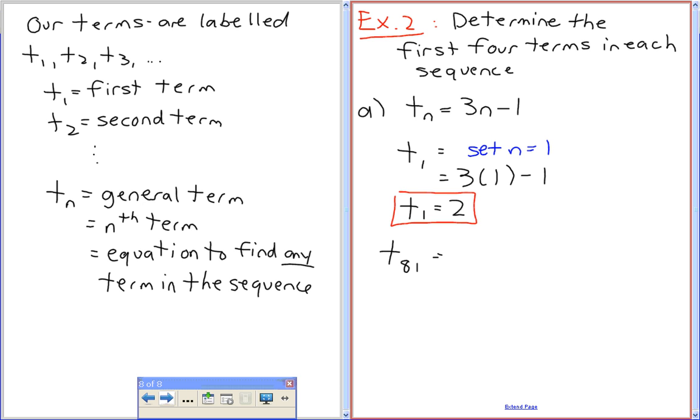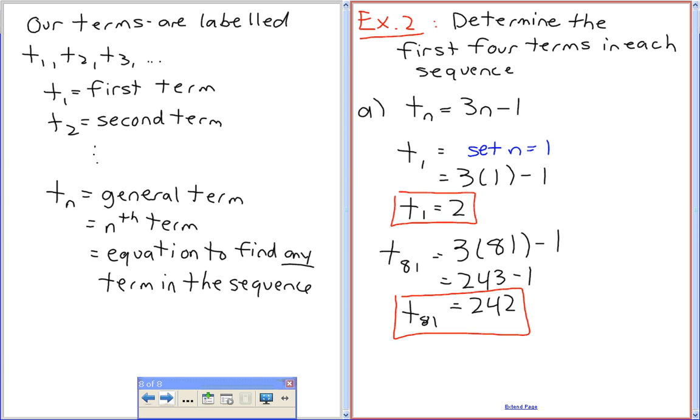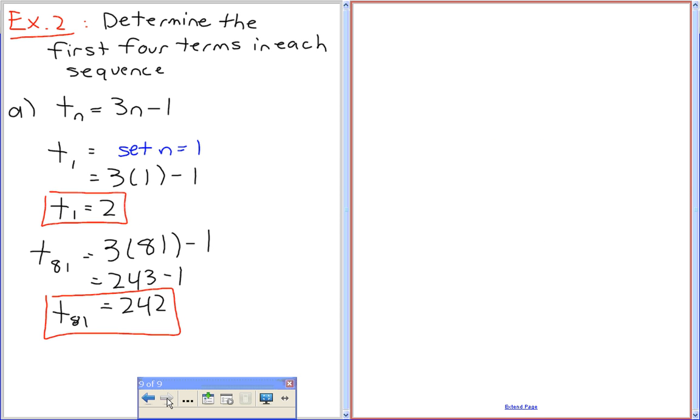Once you have the general equation, you can find any term you want. We have 243, 242. Unfortunately, that isn't what our question's asking us today. What's the question actually asking us? The first 4 terms, okay? But that's by just showing if you need the 81st term, that would be that. Okay, how to get T2?